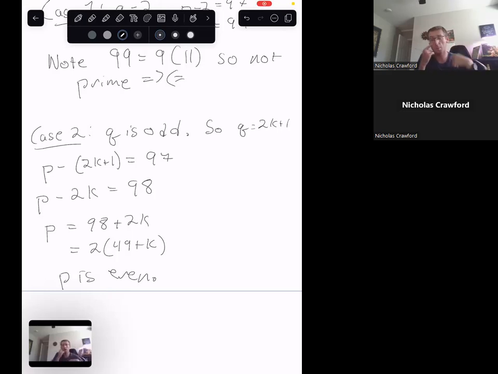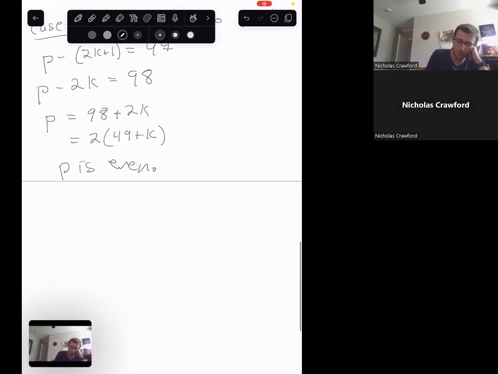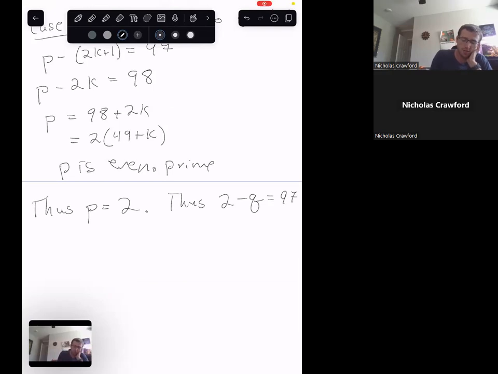That would mean that P is equal to 2, because P and Q both have to be prime, and the only even prime is 2. So this means that 2 minus Q equals 97. Oh, this isn't going to be good for us.